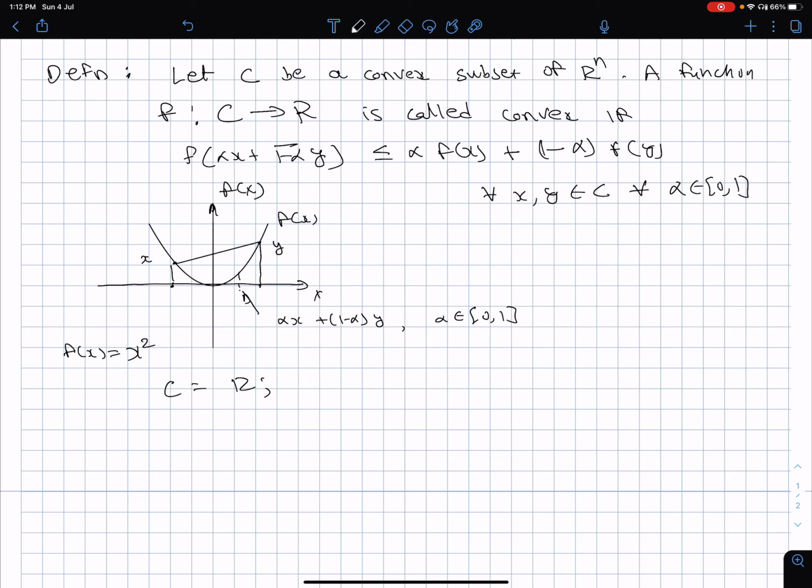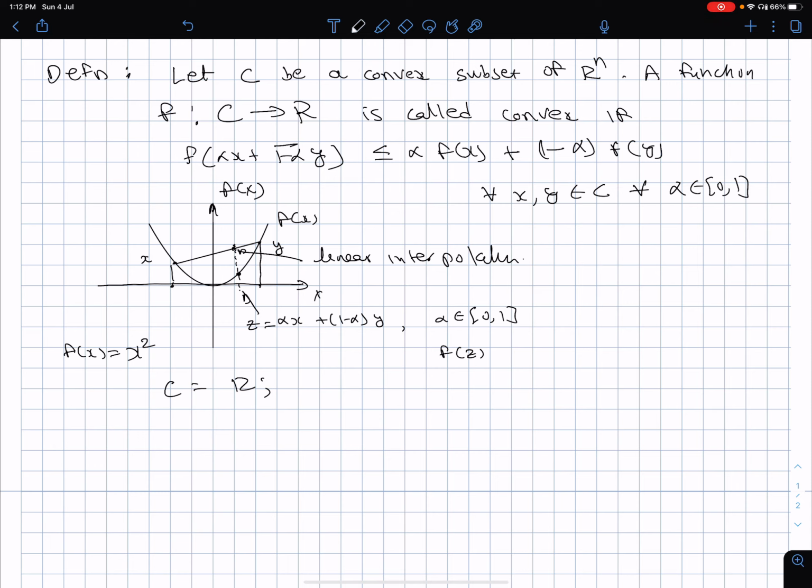Let's call this point z, and I look at f of z. This is the point which is obtained by linear interpolation.